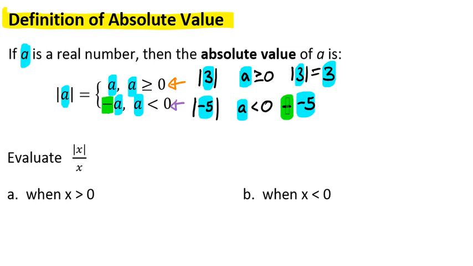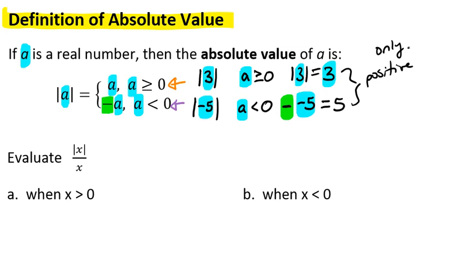And what do we get when we have a negative negative? Yep, we get a positive. So negative negative 5 is actually a positive 5, giving us our true answer. Whether our initial a was positive or negative, we're still going to end up with positive values.